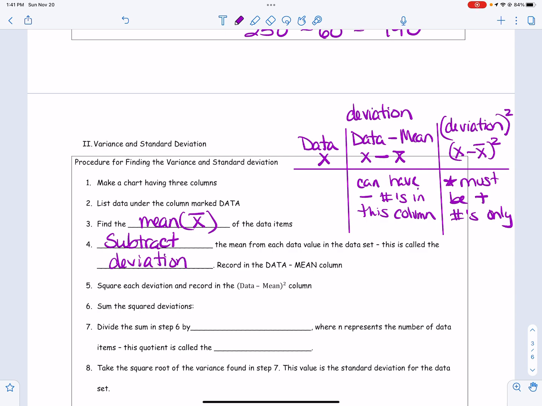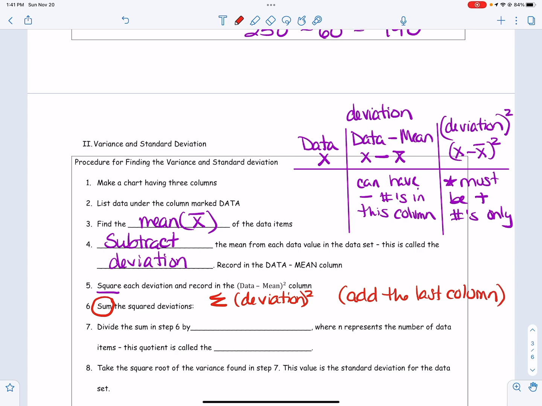Once you take that deviation, you're going to square each of those numbers and record it in the last column. And then you're going to sum, which means you're going to add up the deviations squared, okay? Or just put a note, add the last column, okay?